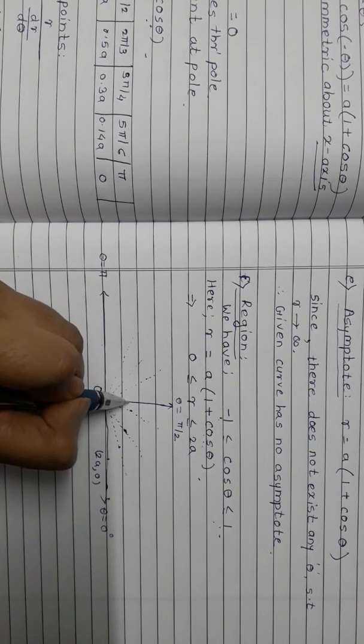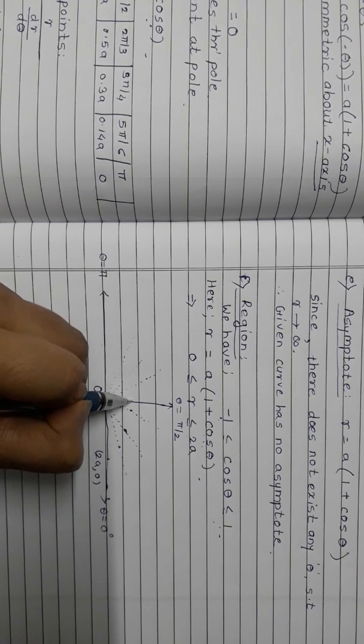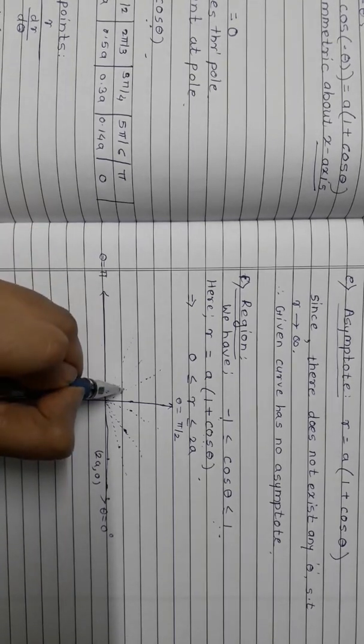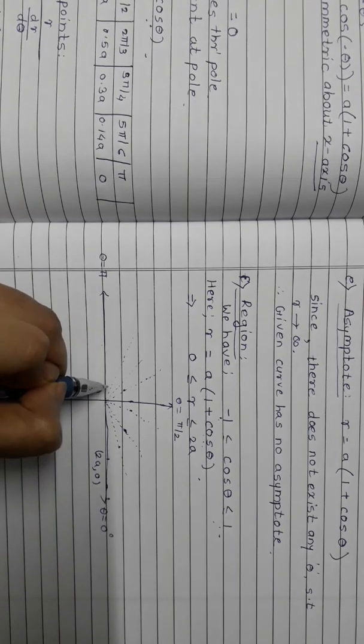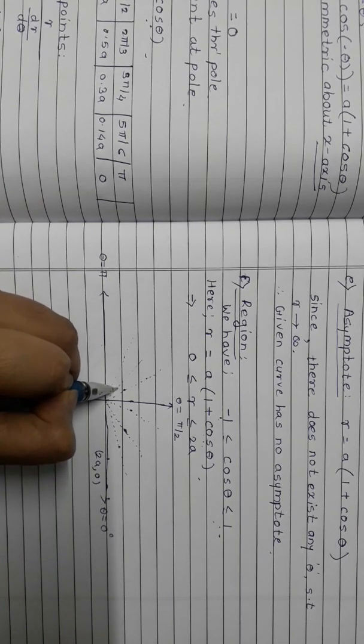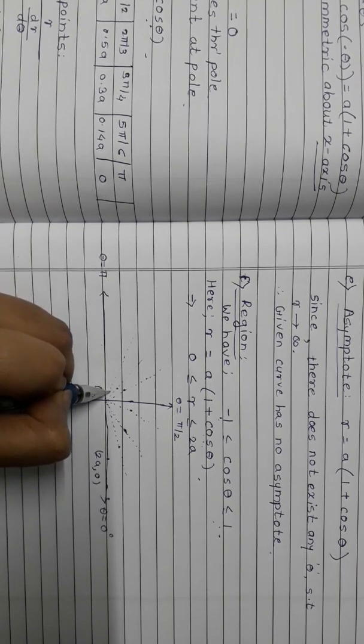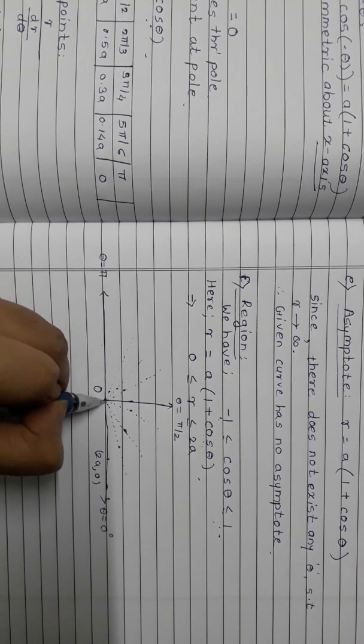So let's take like this. Okay, it will be surely less than this. Then at 120 it is 0.5, so it will be less than a. Then at 135, again less than this. Then at 150 it becomes 0.15, and at pi it becomes 0.